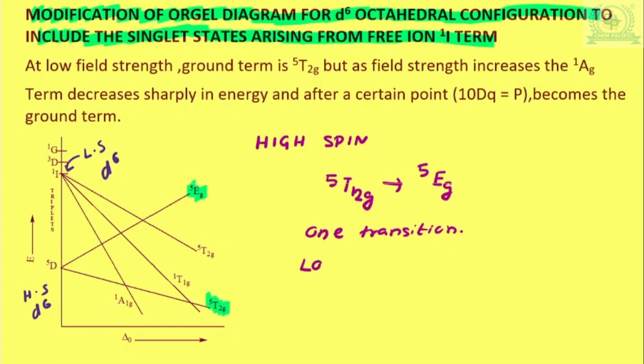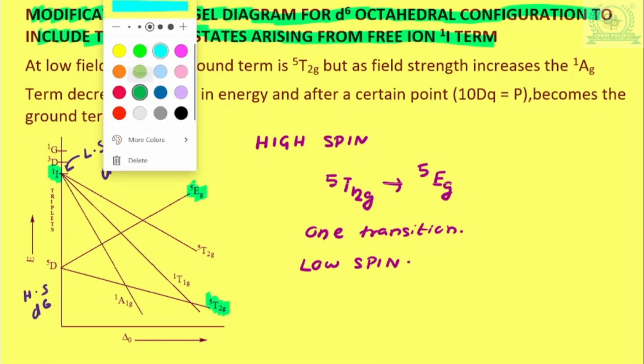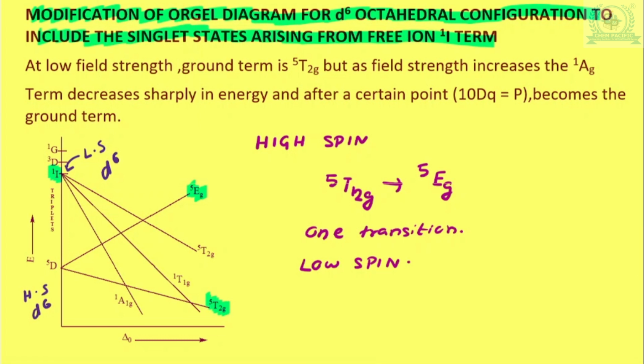And in the case of low spin, it is very much visible to you that this 1I will now get split into the ground state term A1g, and it will result in two excited states.